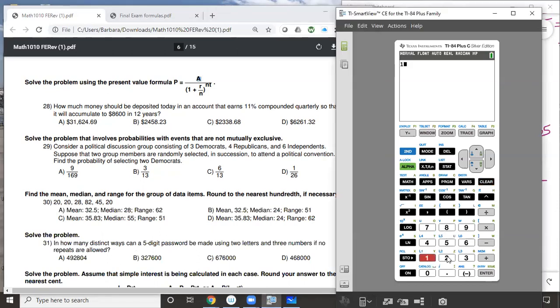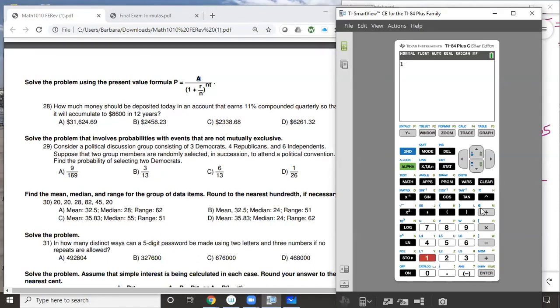So we take 8,600, right? And we divide it by, now I'm going to do a double parenthesis here. 1 plus 0.11 over N, which is 4, parentheses, raise that to NT.